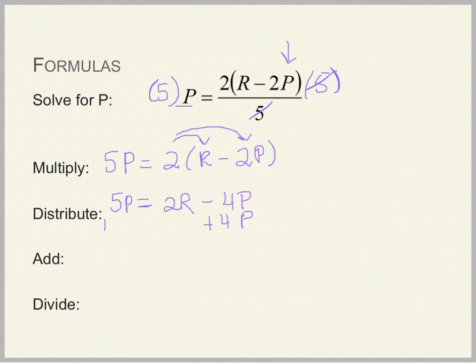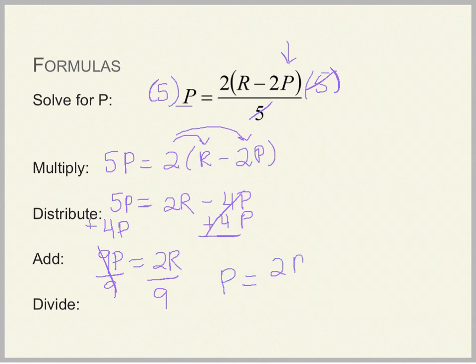In doing so, I am getting one common set of P variables. 5P plus 4P is 9P. I have 9P equals 2R. And now I need to divide by 9 in order to get P by itself. So I end up with P equals 2R divided by 9.